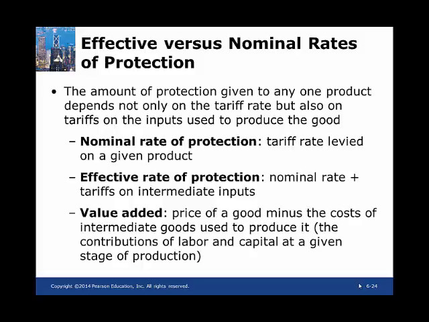Effective rate of protection: nominal rate plus tariffs on intermediate inputs. Value added: price of a good minus the cost of intermediate goods used to produce it, the contributions of labor and capital at a given stage of production.